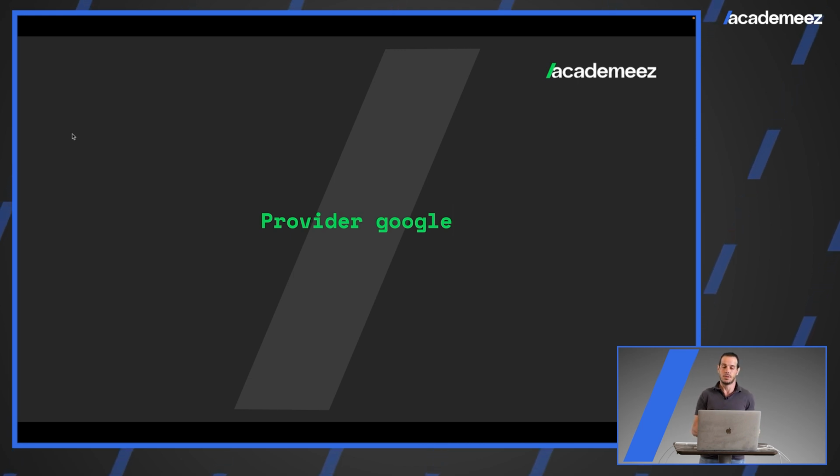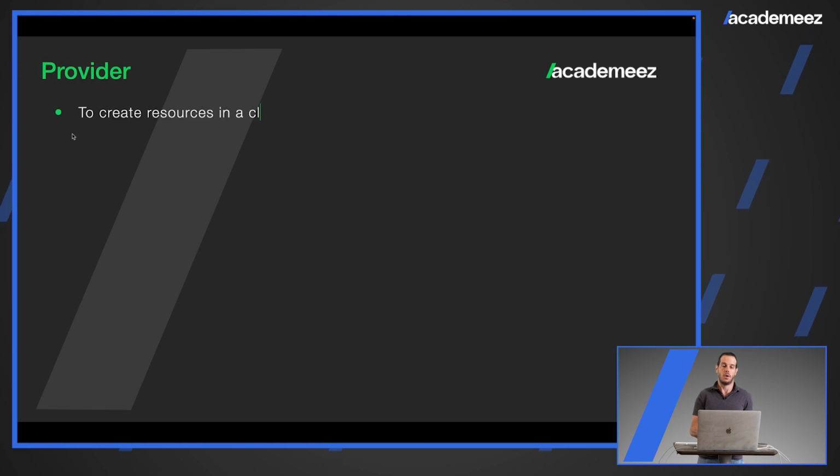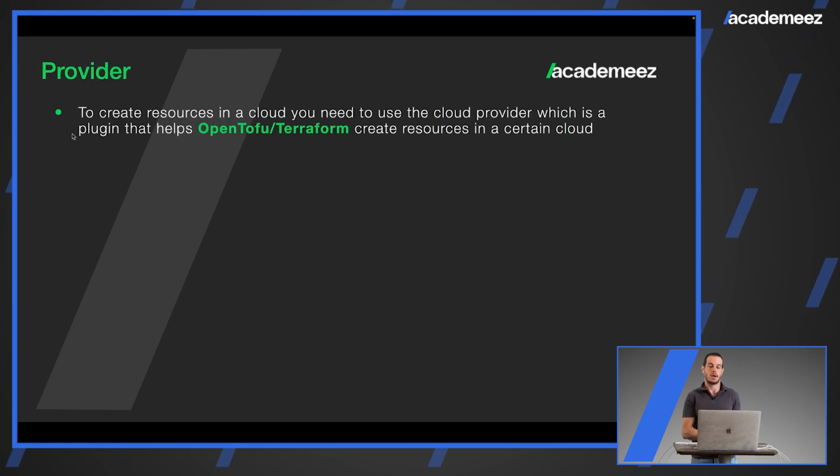So let's install the Google provider. A Terraform provider is like a plugin that gives Terraform the ability to create resources in a certain cloud or create certain resources in a certain place. The Google provider will help Terraform create resources in GCP. AWS has a provider, Azure has a provider, Flux has a provider, so it's not necessarily a cloud provider.